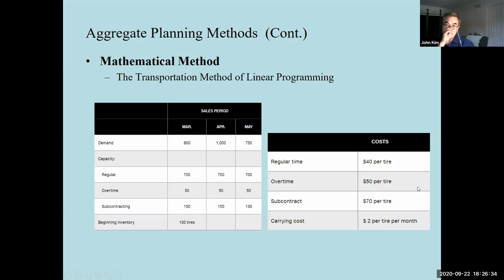And next one is the mathematical method. We can use linear programming. Last time we used the assignment method to solve the scheduling. Similar one, transportation method.